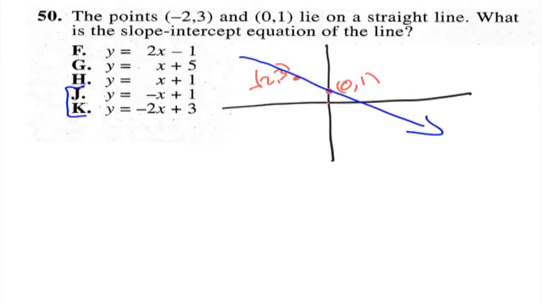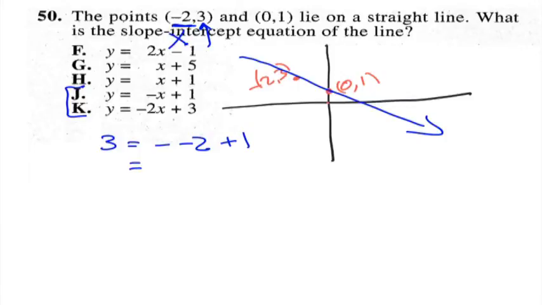And an easy way to do these is to say, I'm going to take this value of x and plug it into the equation and see if I get that value for y. So if I take the first one, that would be saying 3 is equal to -(-2) + 1.